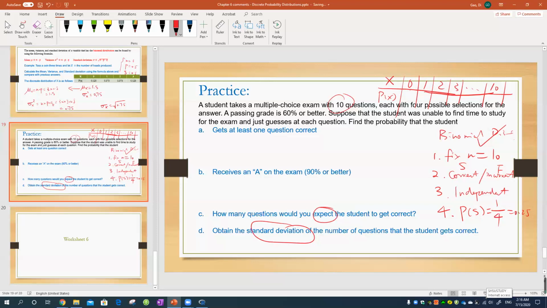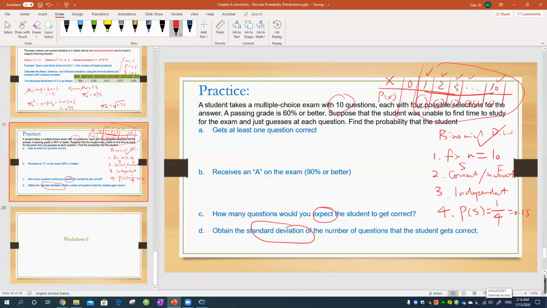We want at least one question correct, so we want 1 question, 2, 3, 4, up to 10 questions, all those. We want that probability, so basically we want to take the sum of all those probabilities, which is complicated because we have to check the table or use the formula 10 times.